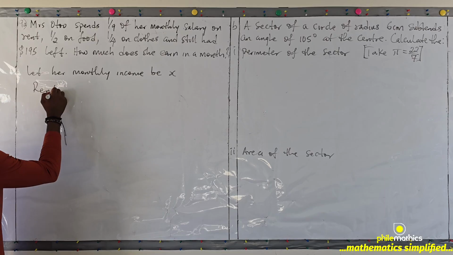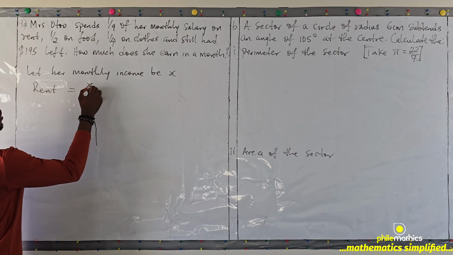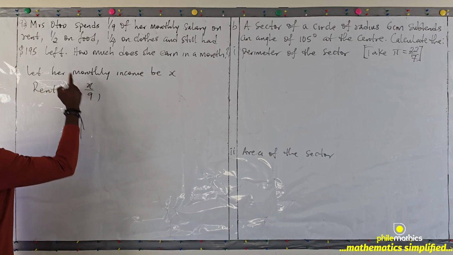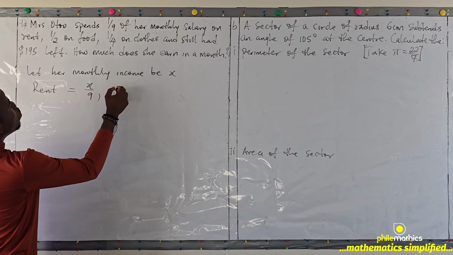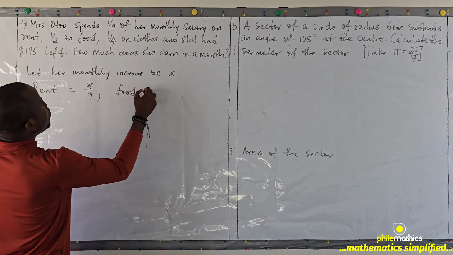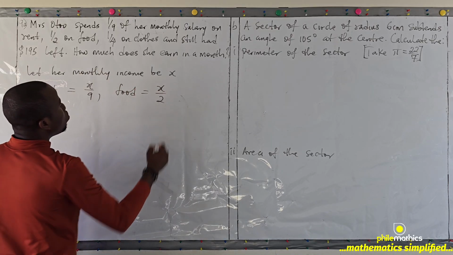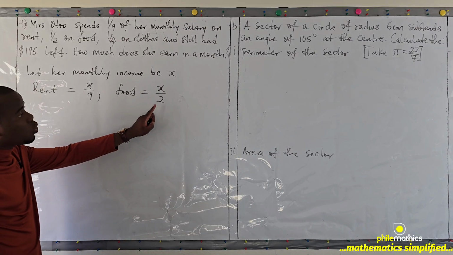So rent consumes X/9. Food consumes X/2. That's huge. That's huge.